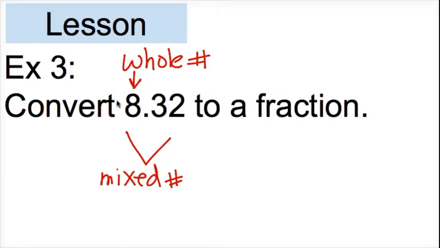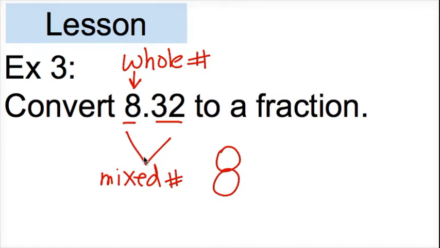This 8 started out as a whole number. It stays as a whole number. The status of that number doesn't change. It's a whole number. So I have 8. Then I've got the 32 hundredths over here. So I have 8 and 32 hundredths. If I told you to write the fraction 8 and 32 hundredths, what would you write?